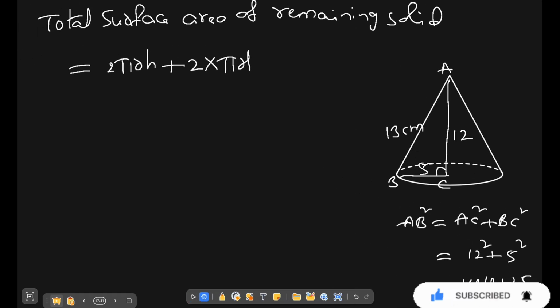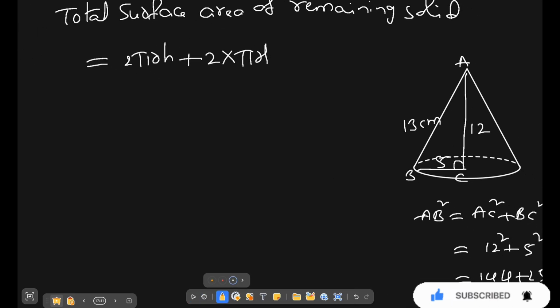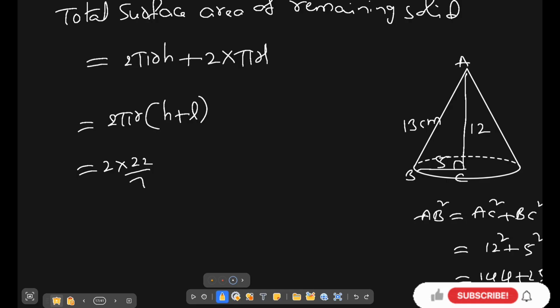So let's apply that 13 centimeters here. What can you take common from here? You can take 2 pi r common. After taking 2 pi r common, we'll have h plus l. So let's apply 2 into 22 by 7, r value is 5, h plus l.